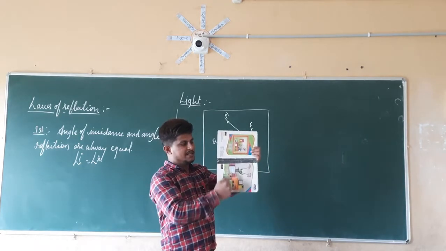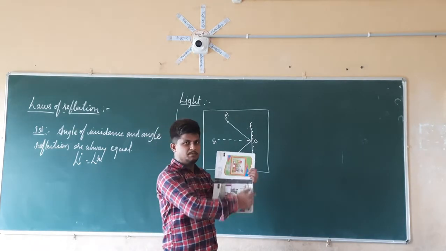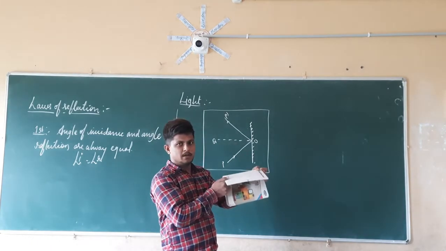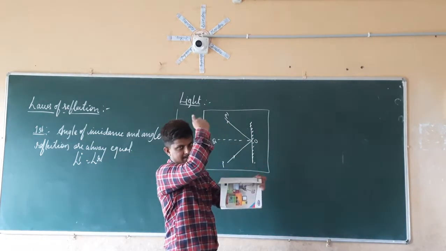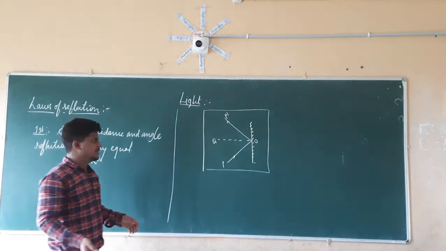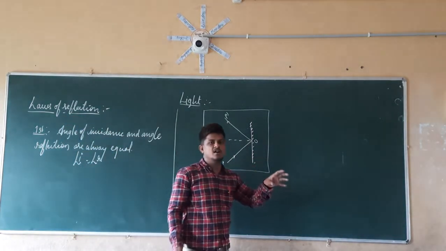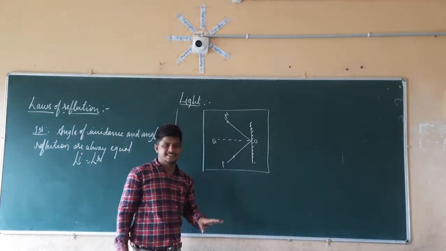Whatever we see here is a single plane. When you fold it, it becomes a double plane, but still we are seeing the light ray on the same plane. So all the light rays coming here in this case are in the same single plane.